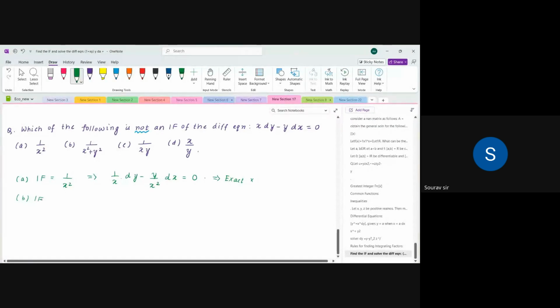If your integrating factor is 1 upon x square plus y square, then it is x upon this. So check this all of you, if this is coming out to be exact.